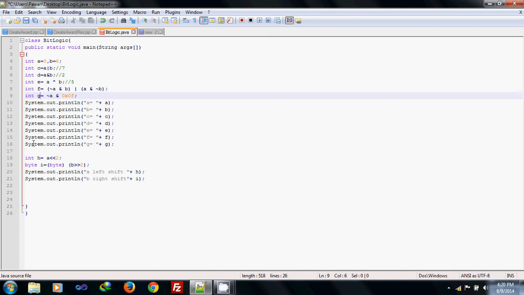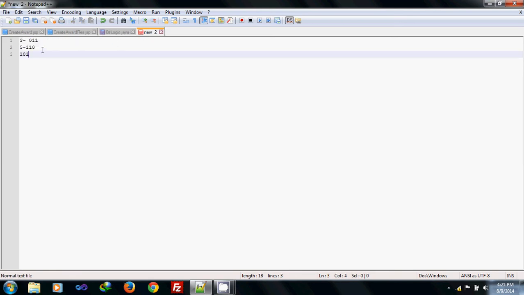But when you reach here at H, it would be left side and right side. See, this is the left side, so it would be a left shift. What is left shift? Left shift means for 3, every bit will move one digit left.